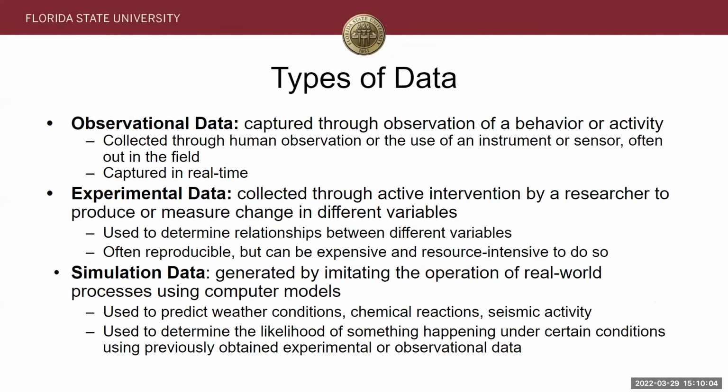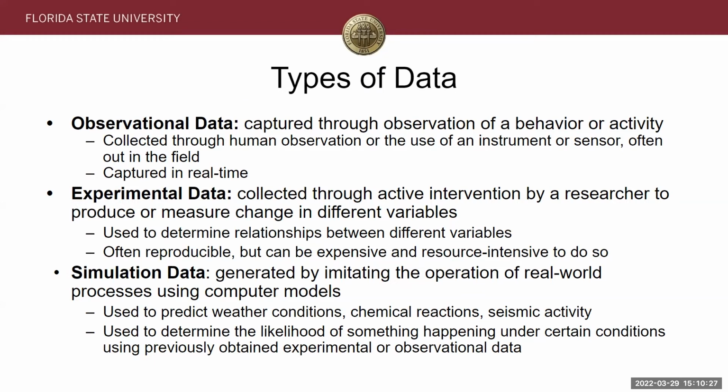If we think a little more specifically, but still broadly, we can think of observational data, experimental data, and simulation data. These are types of data that you'll collect if you're doing some sort of study, experiment, or research analysis.